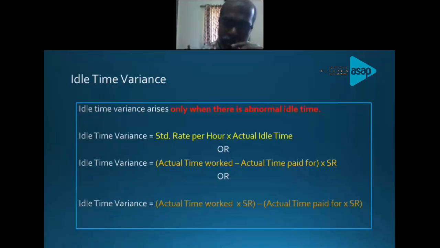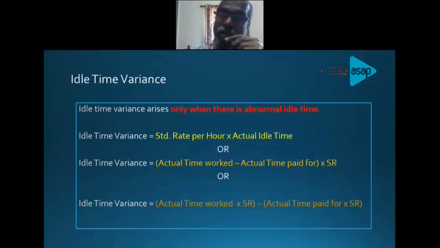Suppose you find that a particular employee has worked only for 8 hours. We have already paid for 10 hours, but the employee has really worked only for 8 hours. The standard working time per day is 9 hours, but the employee worked only for 8 hours. That means we lost 1 hour.